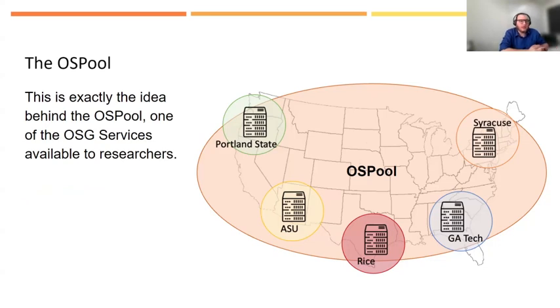And that is fundamentally the idea behind the OSPool. There's a lot of institutions with lots of expensive hardware intended for doing research computing. And when they're not being used, we work with them and they contribute their resources to the OSPool so that anyone who's a member of the OSPool can access those resources and do research computing on those resources.